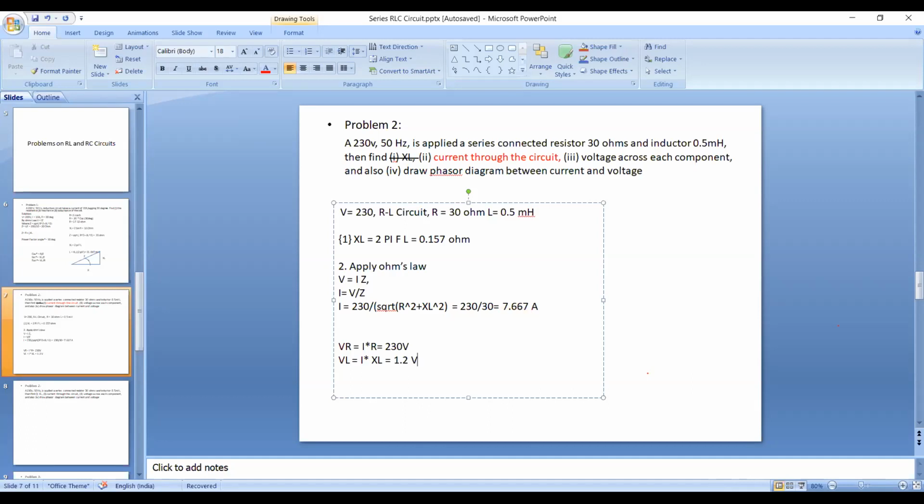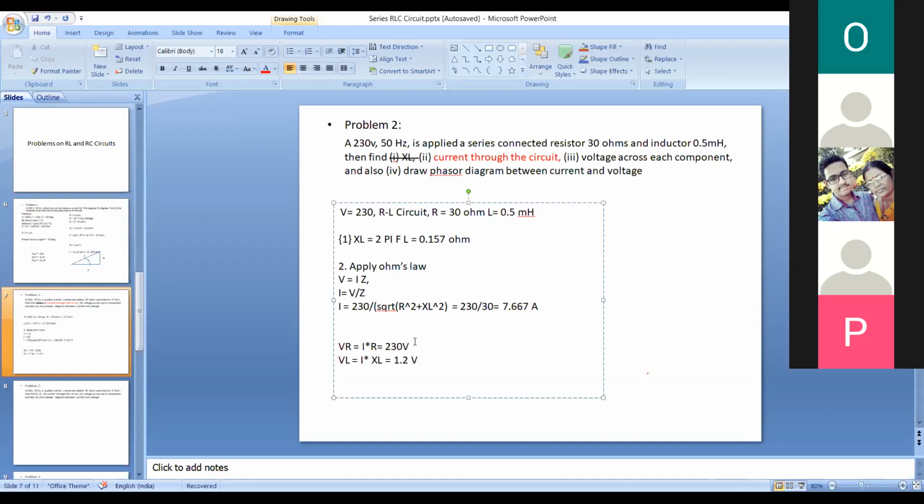VR. Okay, it's correct. 7.667, 229.8. We are not getting exact 230. Okay, 229.8, it's okay. No problem, because I took pi as 3.14.